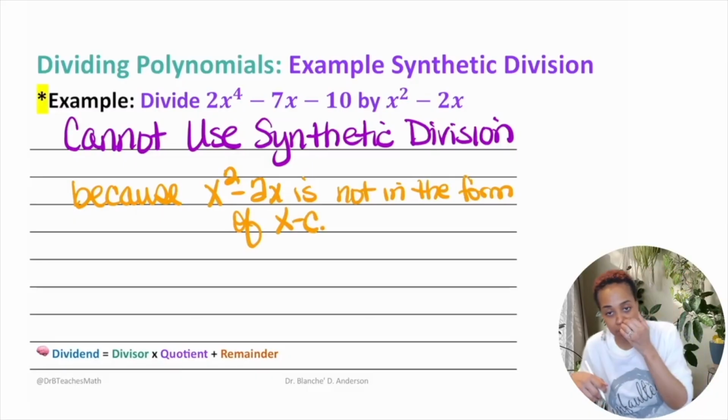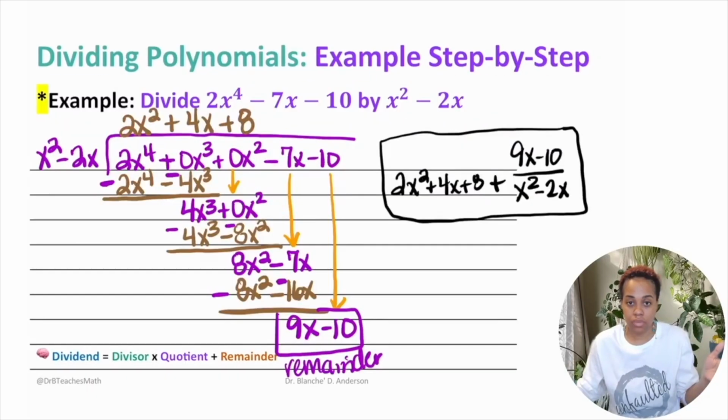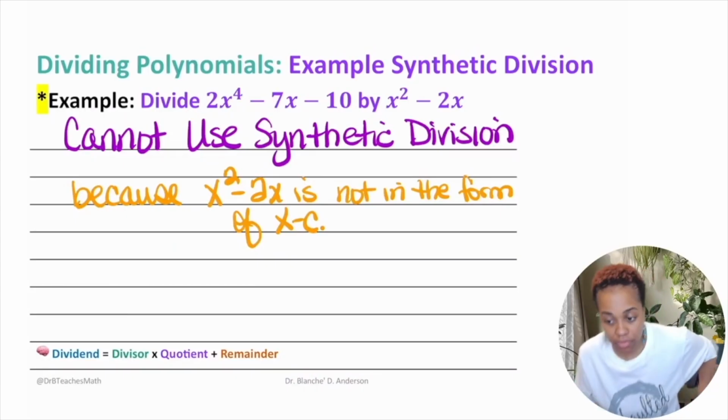And we can't make it. So you cannot use synthetic division on this one. On this one, you would use long division. Now, when we did this example the last time, we used long division. So here's that example when we used long division. See, you can do long division, but you can't do synthetic division.